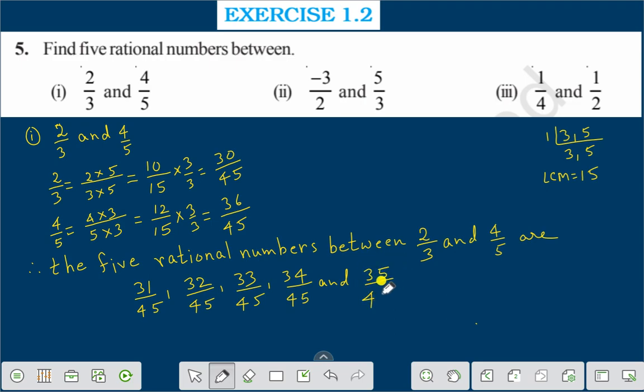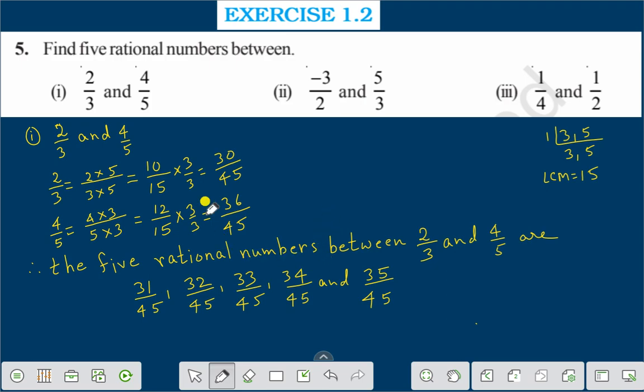Now the 5 rational numbers between 2 by 3 and 4 by 5 are 31 by 45, 32 by 45, 33 by 45, 34 by 45, and 35 by 45. Right? These are the 5 rational numbers.